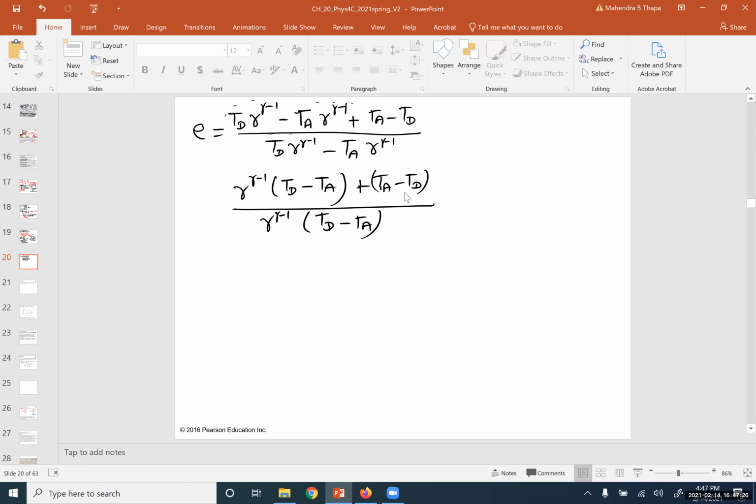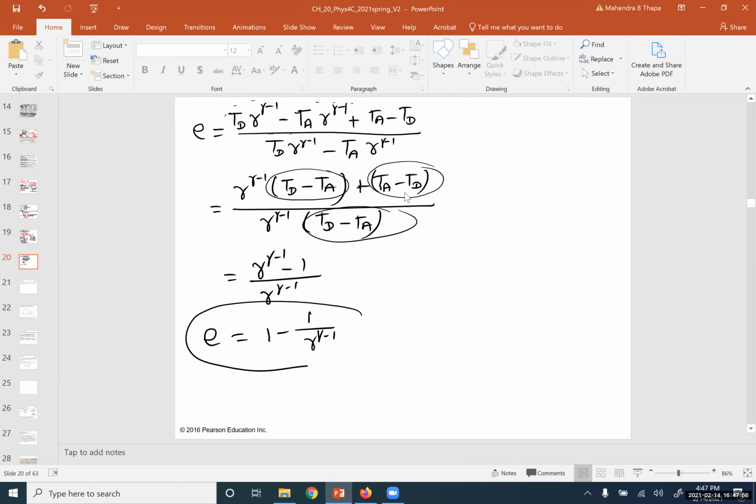Okay, so we can cancel these, this one, that one, and that one. If you do that, we'll find it will be r gamma minus 1, certainly this will be minus, equals r gamma minus 1. This will give you 1 minus 1 over r gamma minus 1. This is the efficiency. Okay, so in this way we can find the efficiency.